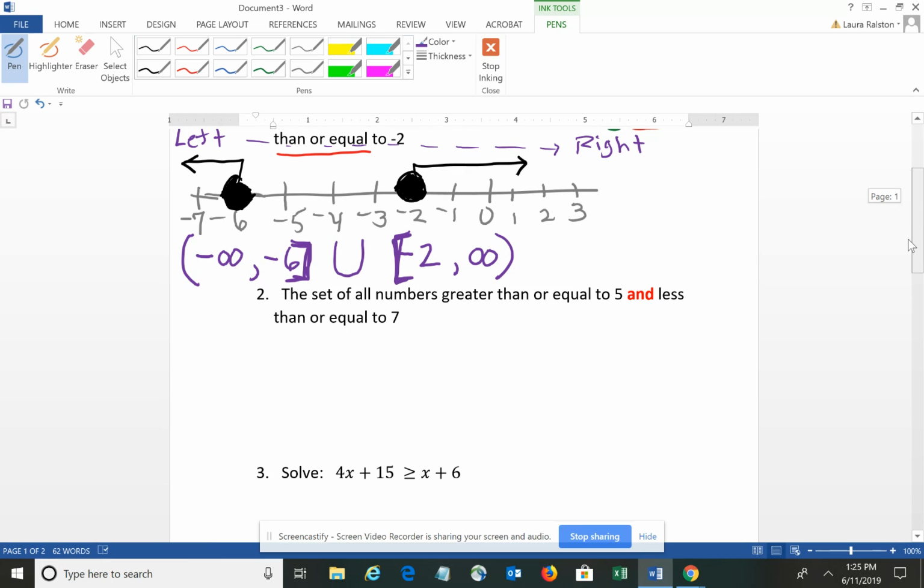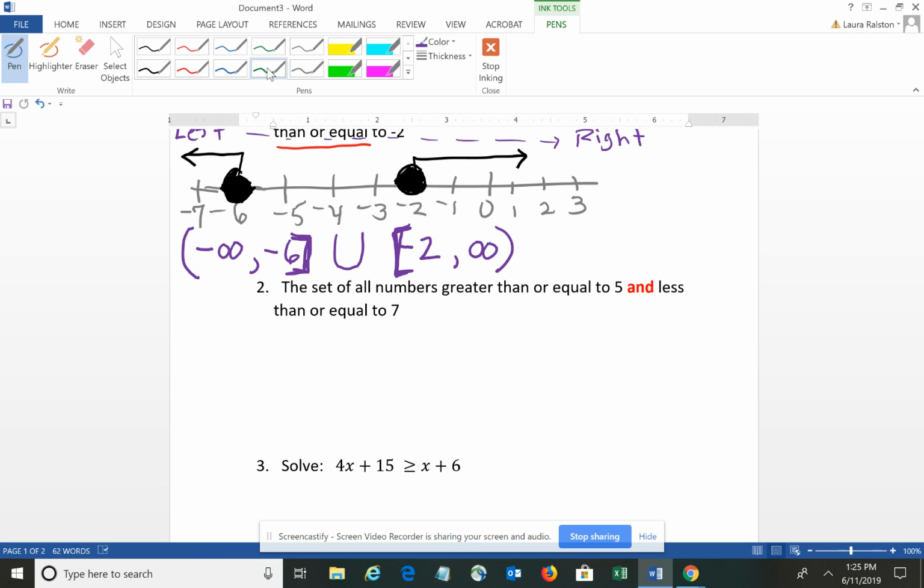The next one says the set of all numbers greater than or equal to 5 and less than or equal to 7. So I'm thinking about those symbols: greater than or equal to 5. The key word here is and, and that makes a difference.